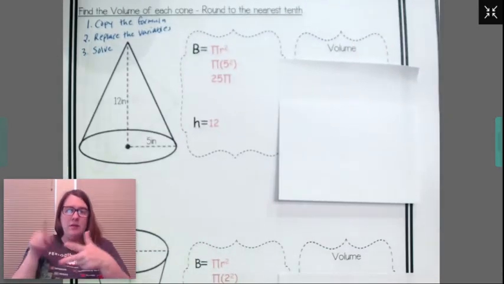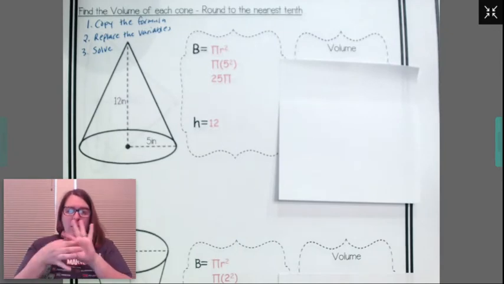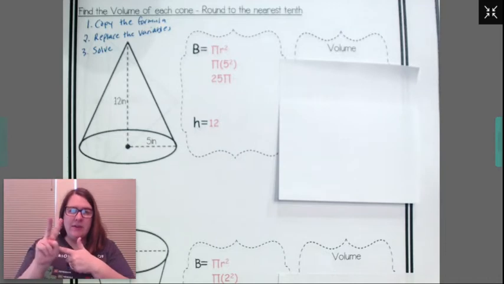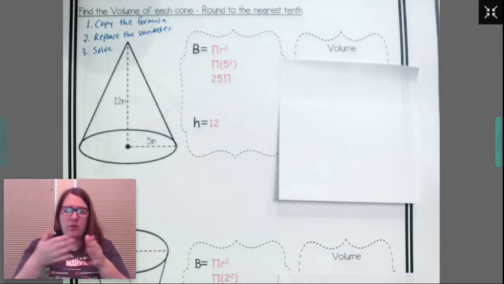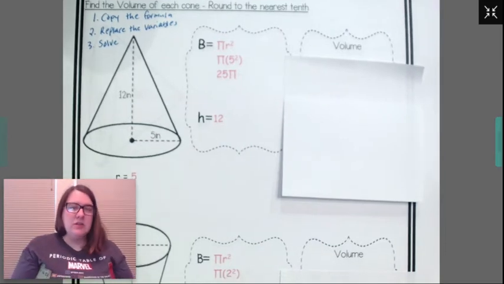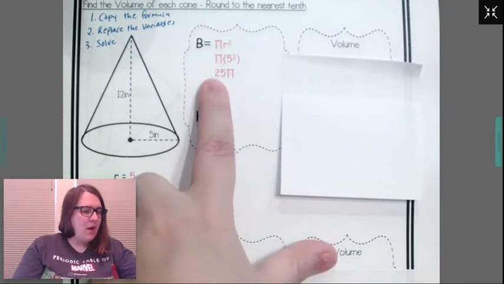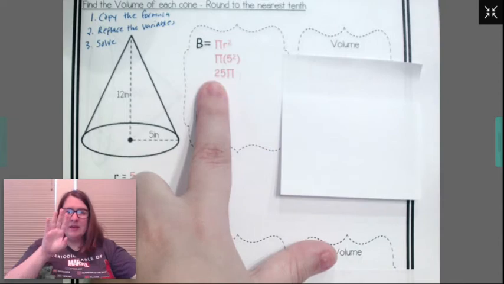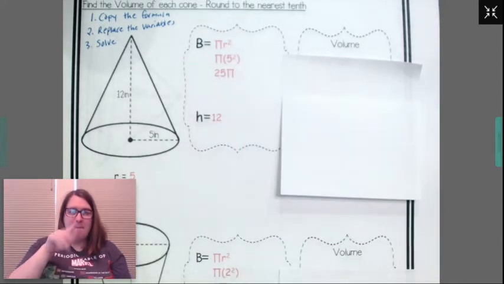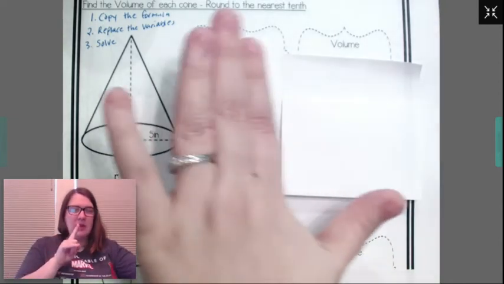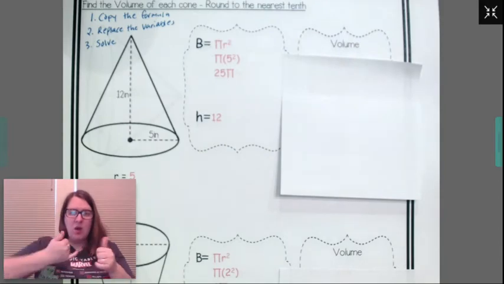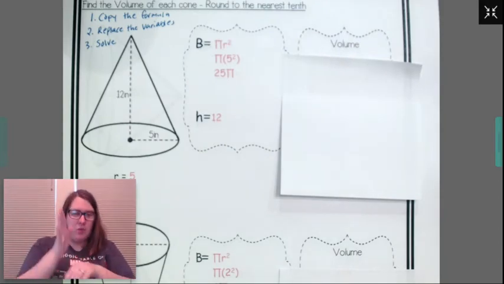So we're going to copy our formula. We're going to replace the variables, and 3, we're going to solve using order of operations. So here it went ahead and showed us our base, which is pi r squared, but I'm going to have you ignore that for right now, and we're going to do it like we normally would.